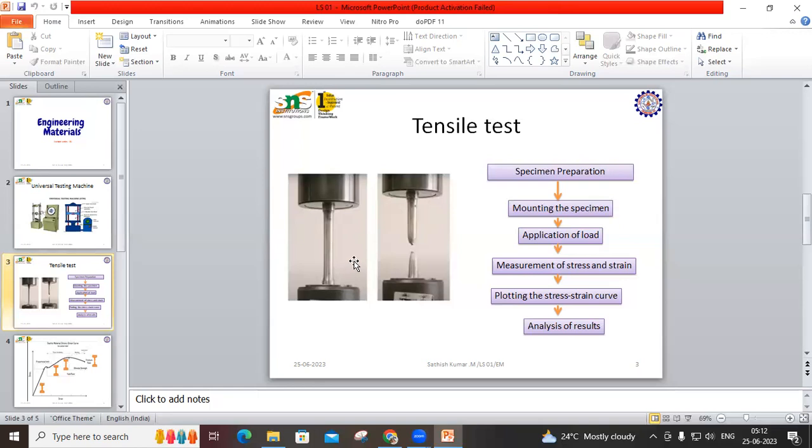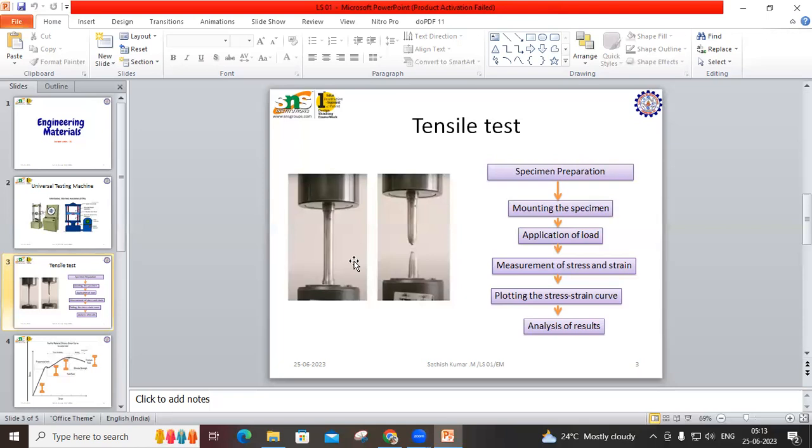Then we mount the specimen in a tensile testing machine. The machine consists of grips or clamps at the ends to hold the specimen firmly. And there comes the application of load in the next part. The tensile machine applies an increasing axial tensile force to the specimen.